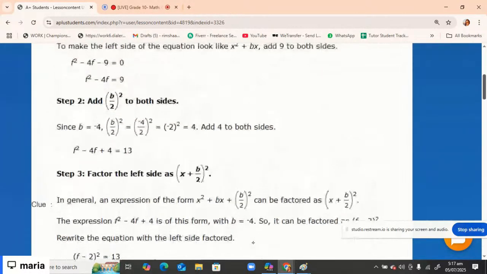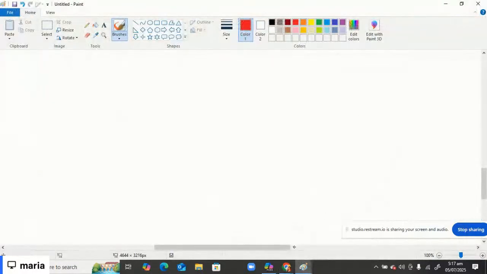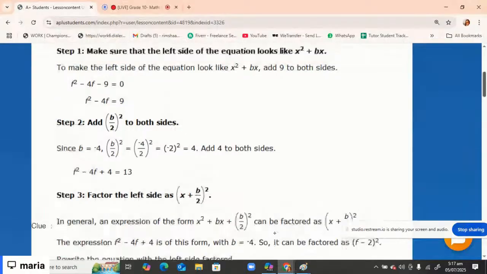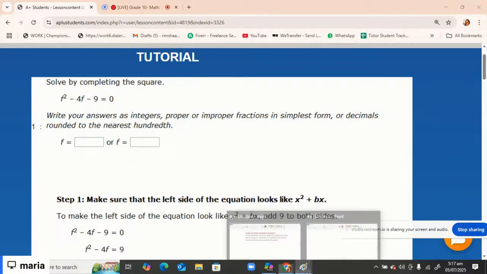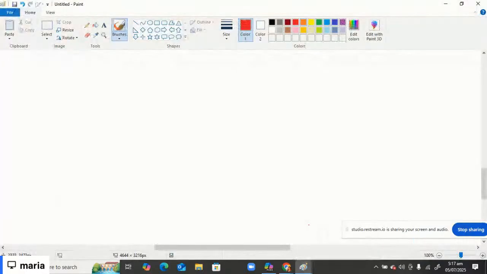Okay, let's suppose we follow step by step. I'm going to write a question here. Let's suppose we are taking the question by ourselves. This is the question: x square plus 8x.